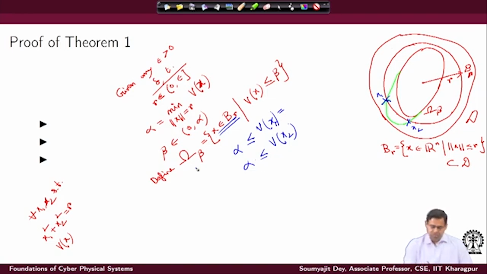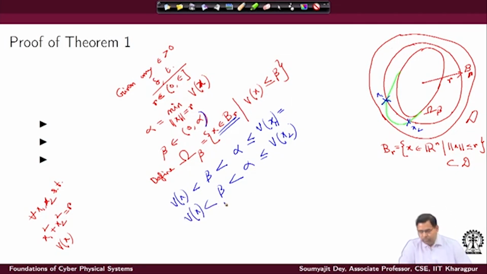But we know by construction that all the points which are inside or on the surface of omega beta, there the value must be less than alpha. The value must be so because beta is less than alpha, because this is an open interval here, right, and the value of Vx will be less than beta. So, that is how I have defined it.